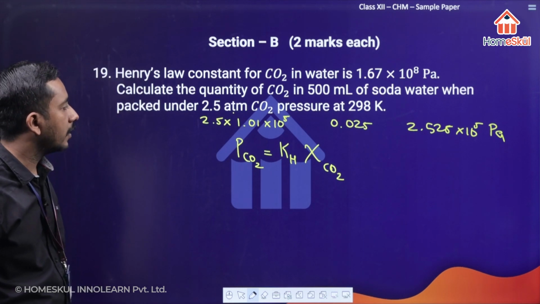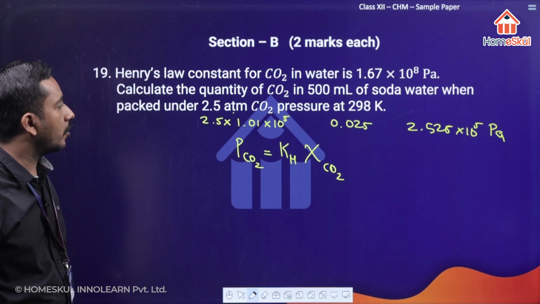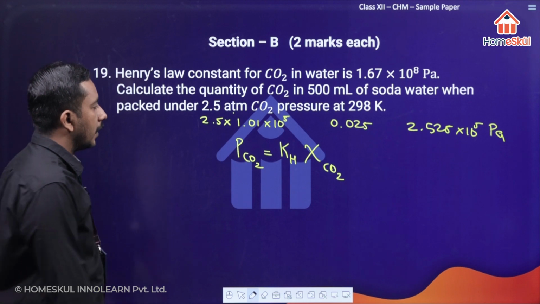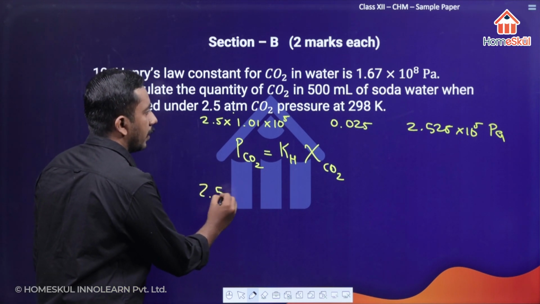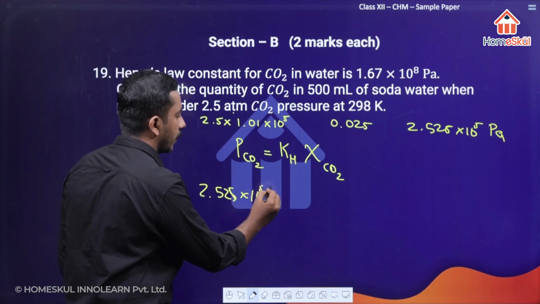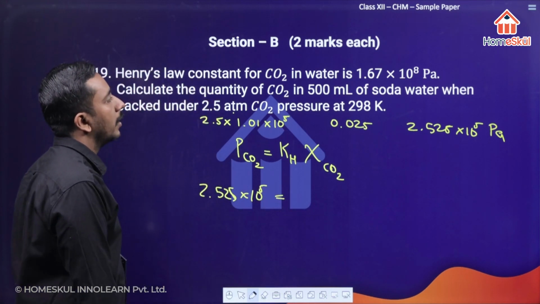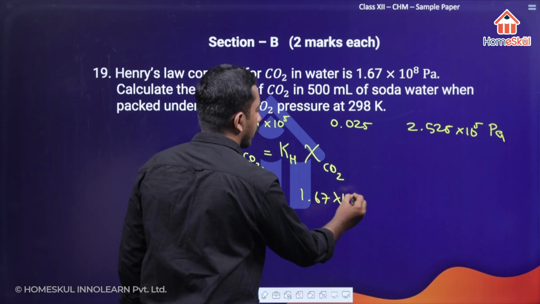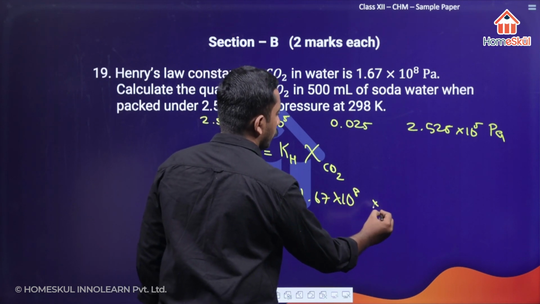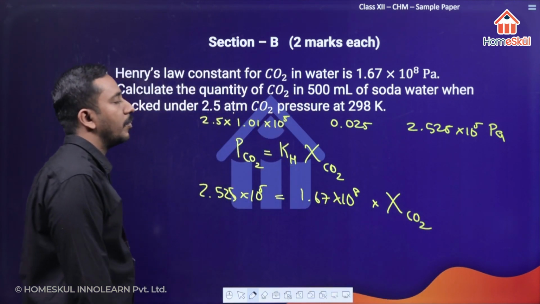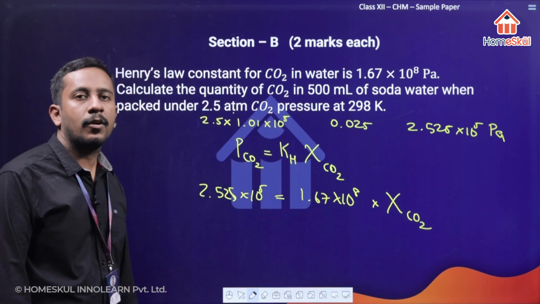So we have the value of Henry's constant and the pressure, that is 2.525 into 10 raised to 5. That is going to be equal to the value of Henry's law constant, 1.67 into 10 raised to 8, into the mole fraction of carbon dioxide. So from this equation, we will be getting the mole fraction of carbon dioxide.